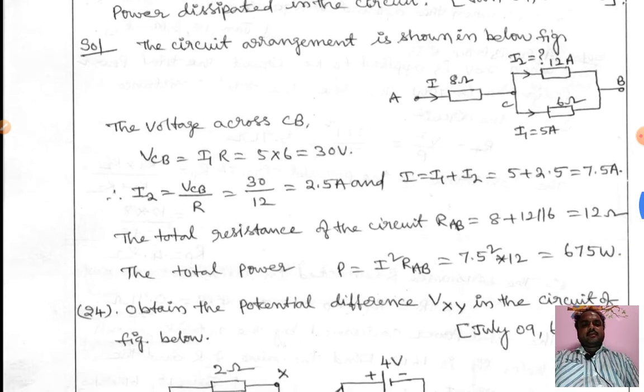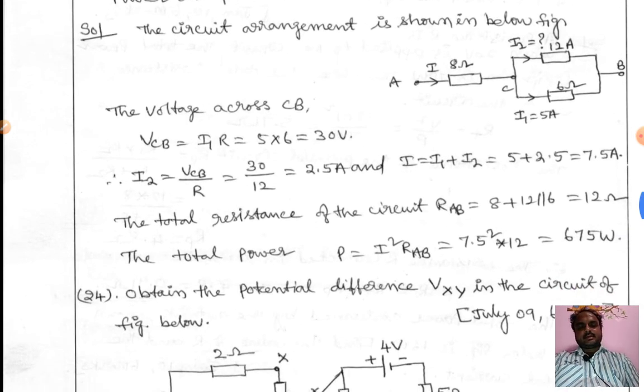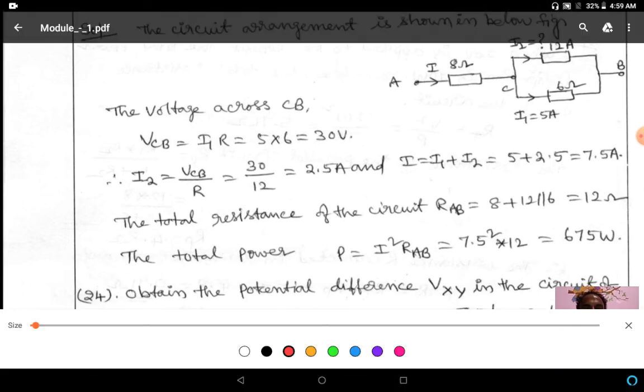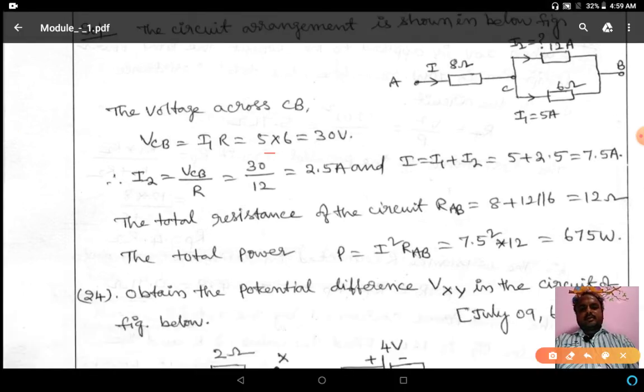Now you find the voltage drop across the 6 ohm resistor, 5 into 6, right? So 30 volts we will get. Similarly, I2 is equal to V by R. These two, 6 ohm and 12 ohm resistors, are parallel.